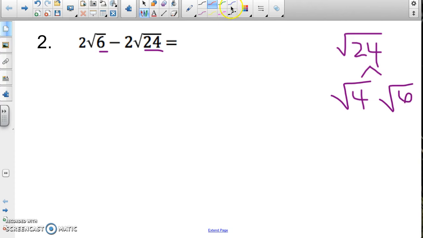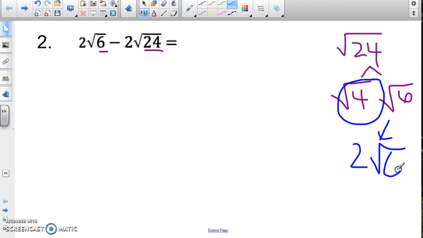Now, of these two numbers, the 4 is the perfect square, and the square root of 4 is 2, and you're going to drop down the radical 6. So this is how you break up radical 24.